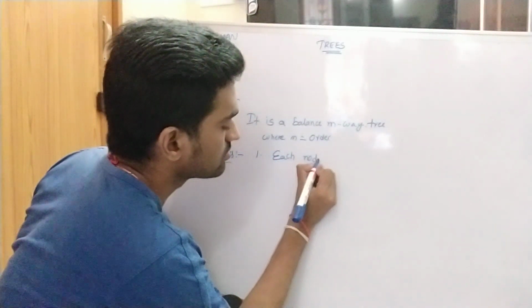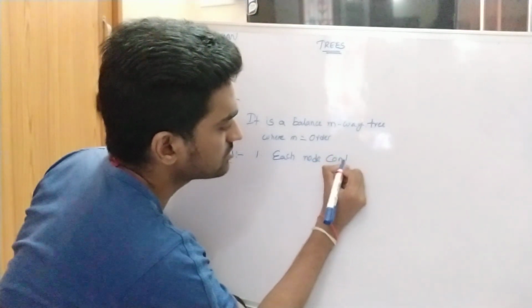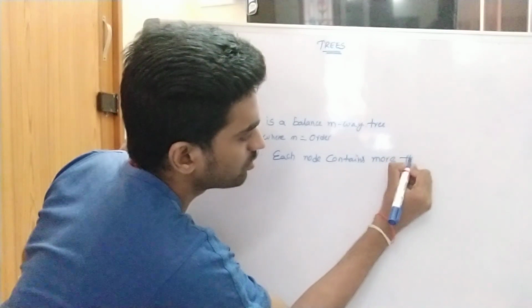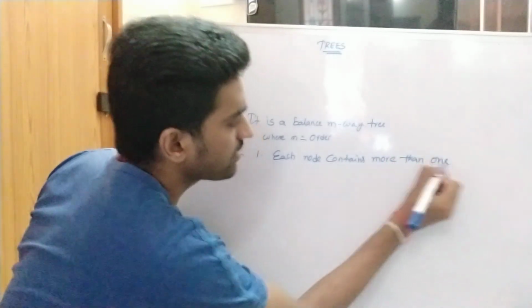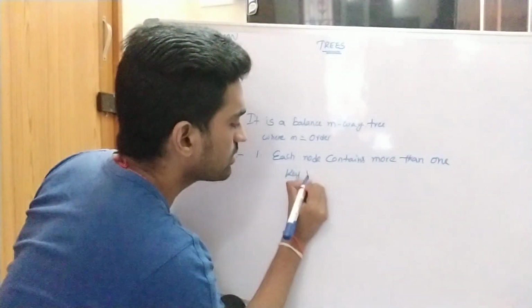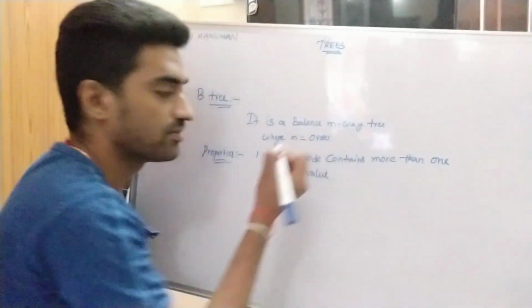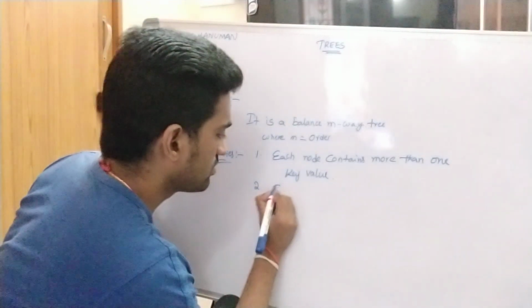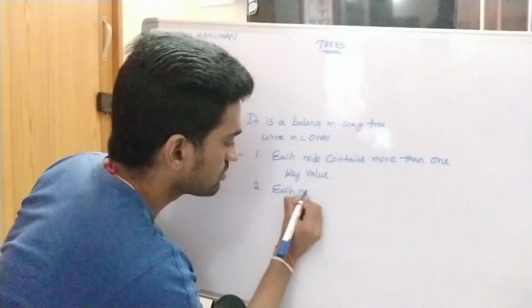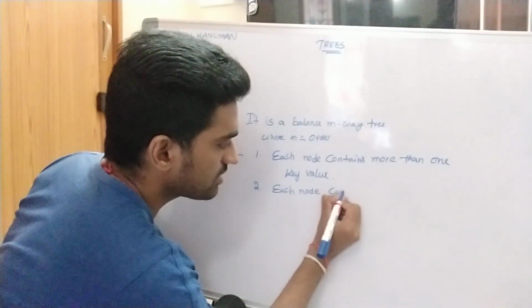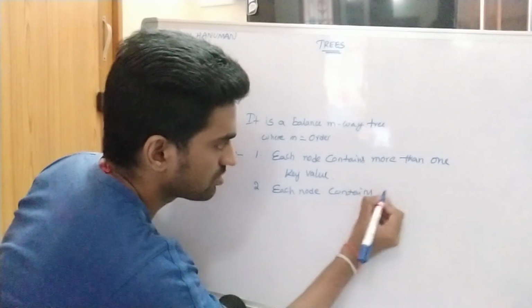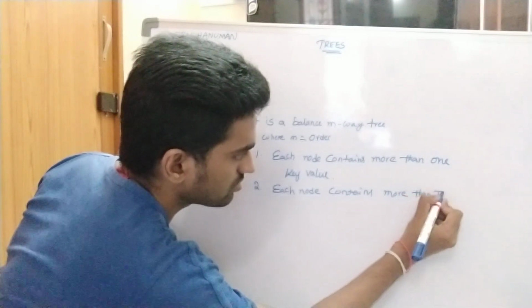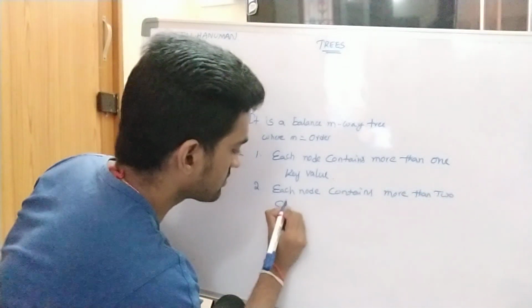First property: each node contains more than one key value. Second property: each node contains more than two children.